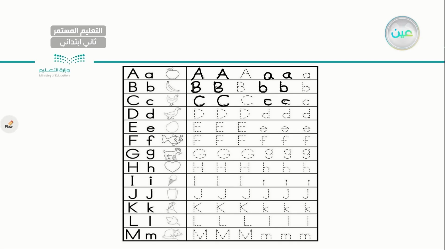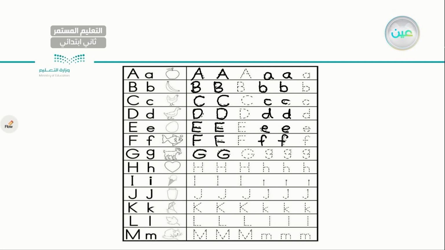And as you can see, I have a picture for every single letter. D for duck. Very good. E for egg, capital and small letter. I have F, fish, capital letter and small.